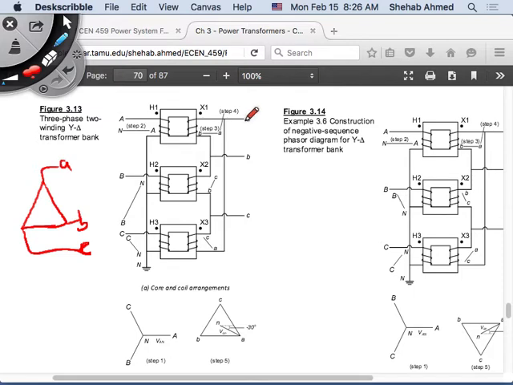So phase A will be connected to some winding, and then the end of that will be connected to phase B, right? Phase B is connected on one side to that same winding that was connected between it and phase A, and then the other side connected to the terminal C. So that's this one here.